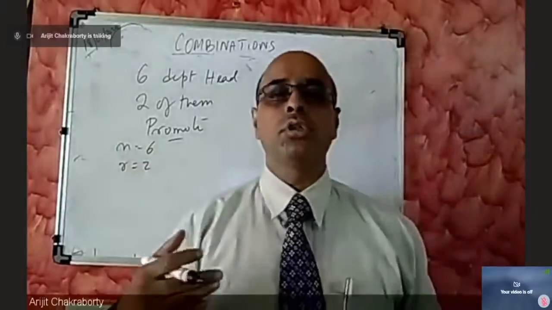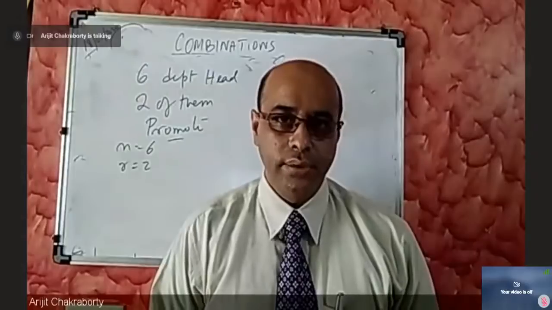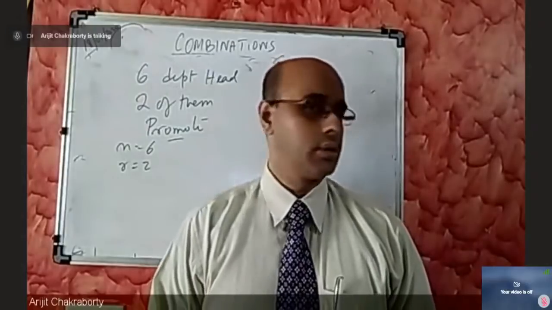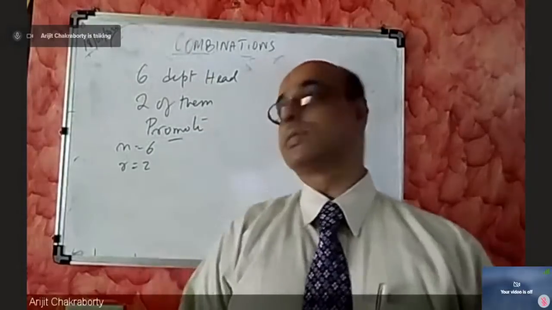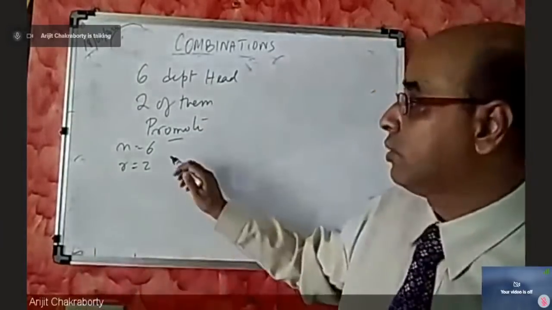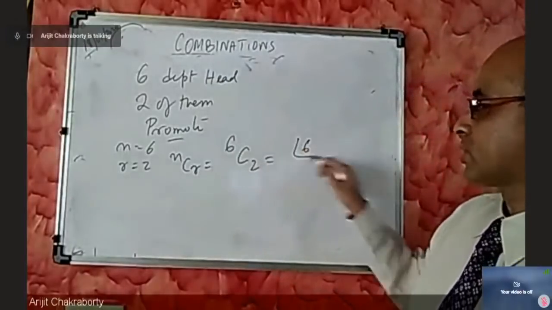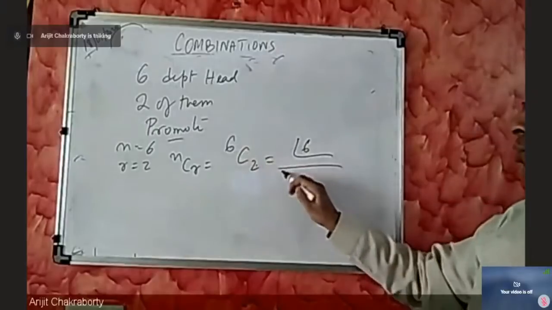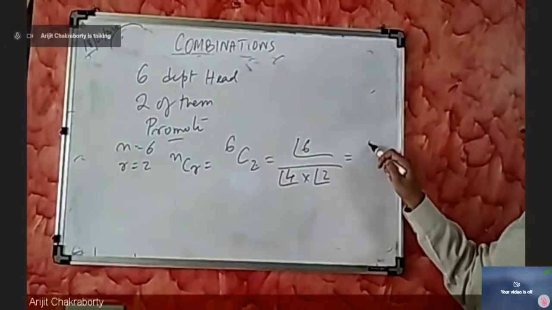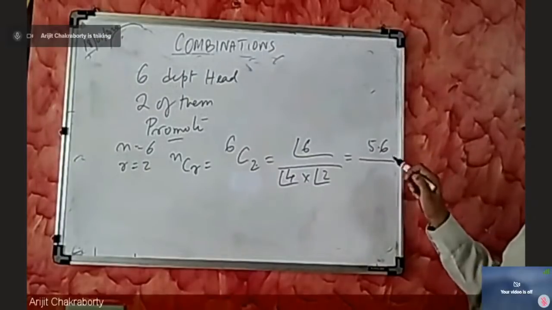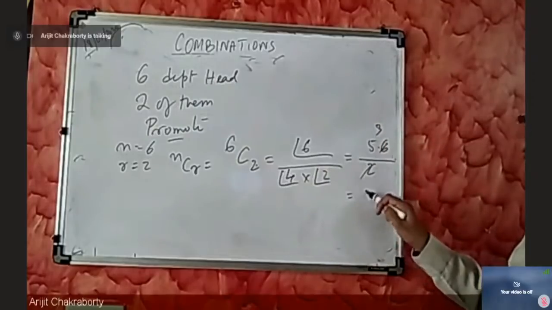You want to promote 2 persons out of 6 persons. Therefore, it's a question of combinations, not permutation. NCR, where N is 6 and R is 2, so 6C2. That is 6 factorial divided by 4 factorial into 2 factorial. So you get 5 into 6, and here the 4 factorial is cancelled out. You get 2 here. So I think it comes to 15 ways.